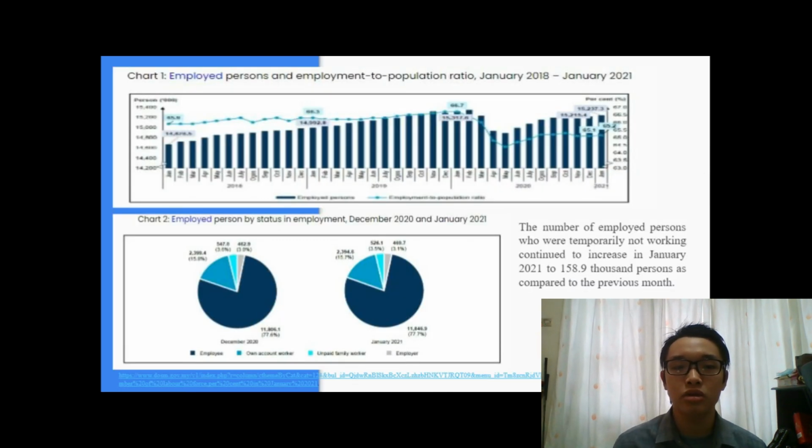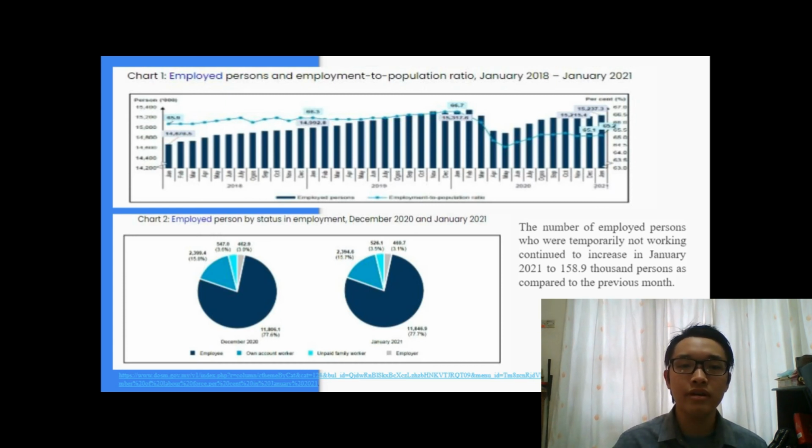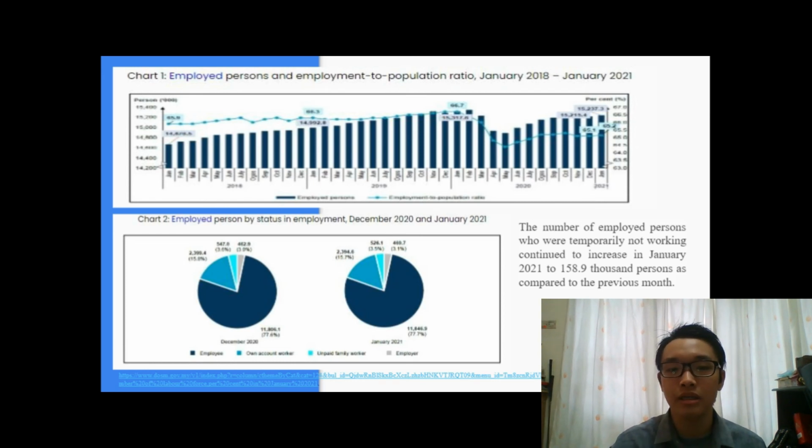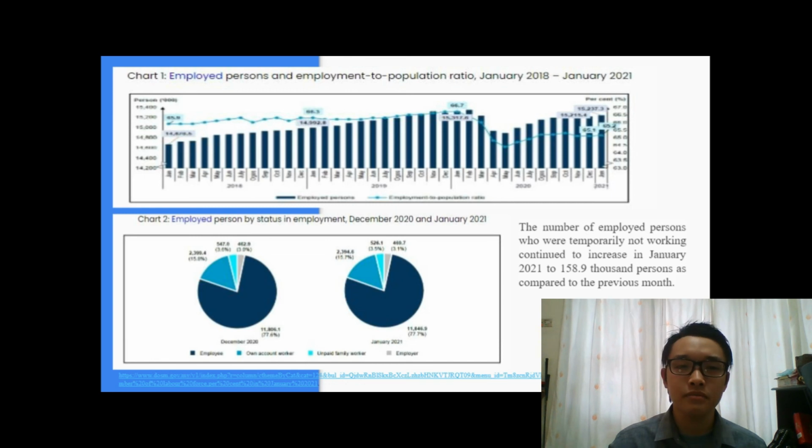These are the two charts that bring out the statistics. In the first chart, you can see employed persons and the employment to population ratio from January 2018 until January 2021. You can see the frequency, the time, the year, and the dotted plot showing which year and which month is the highest.